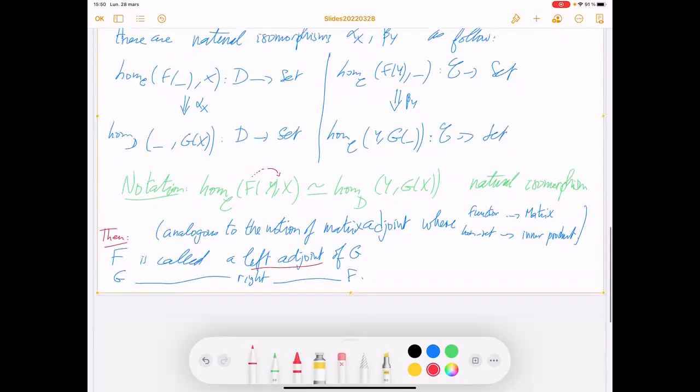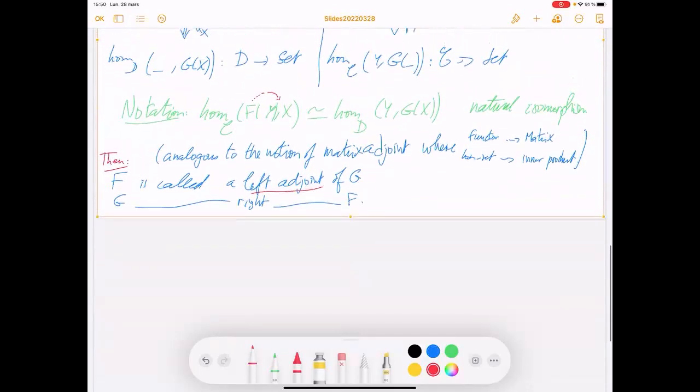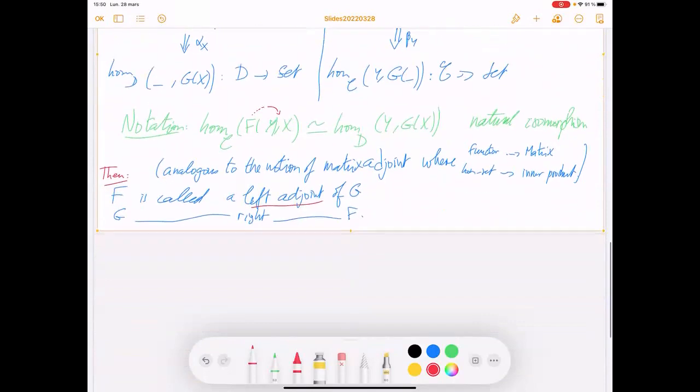Under this assumption, F is a left adjoint of G, which is the definition of being a left adjoint and a right adjoint.